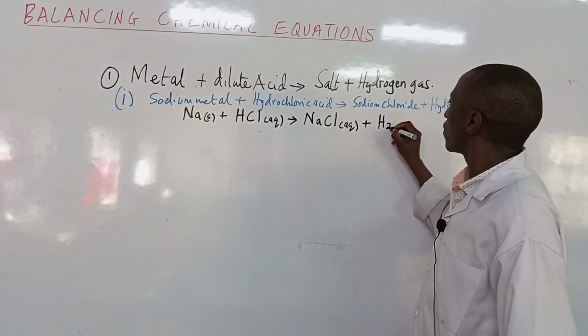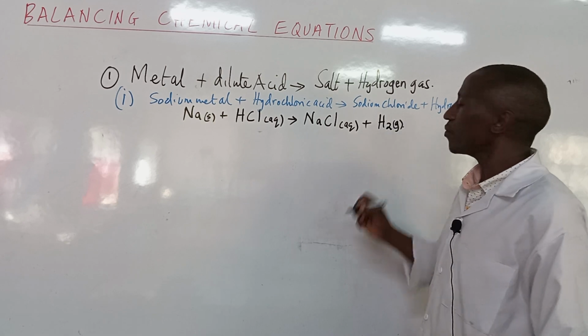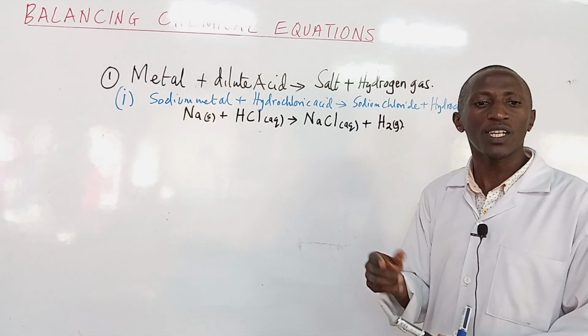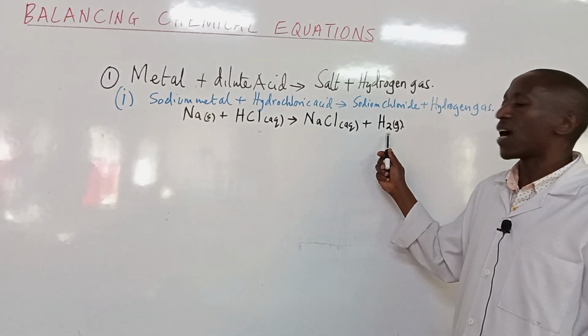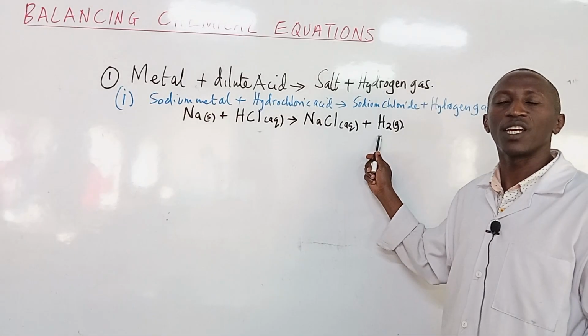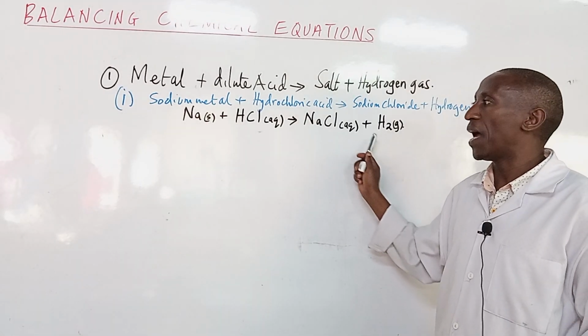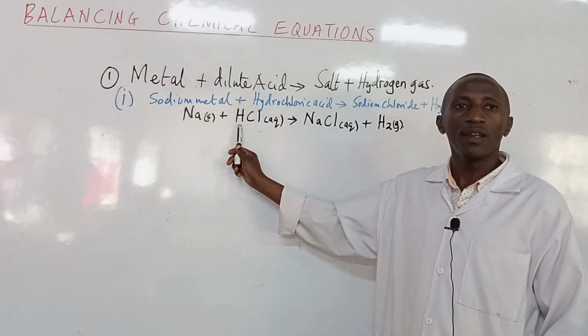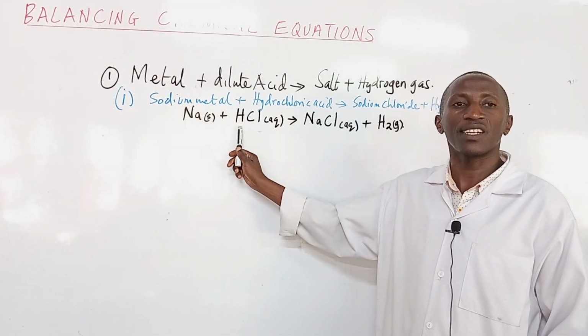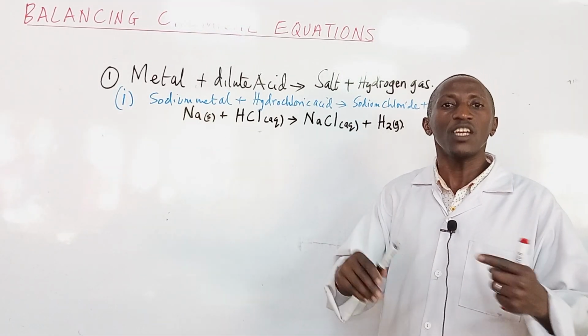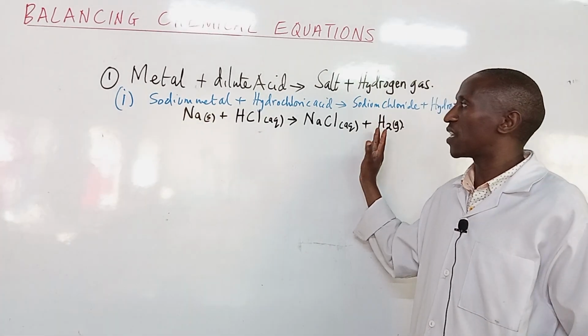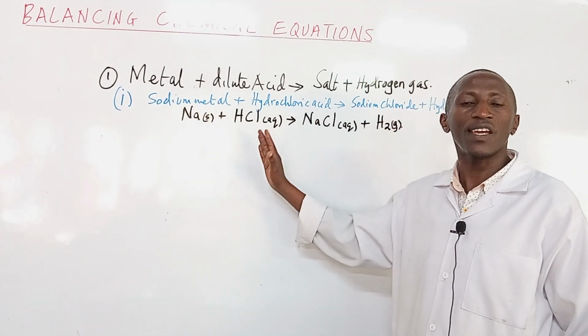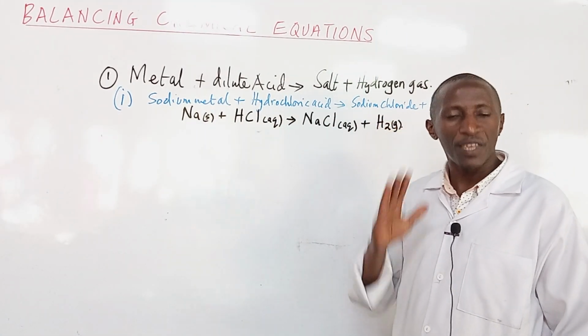and we have hydrogen gas. Now, viewers, it is important to note that there are two atoms of hydrogen on the product side against one atom of hydrogen on the reactant side. So the skill of balancing requires that the number of atoms on both sides, product and reactant, be equal.